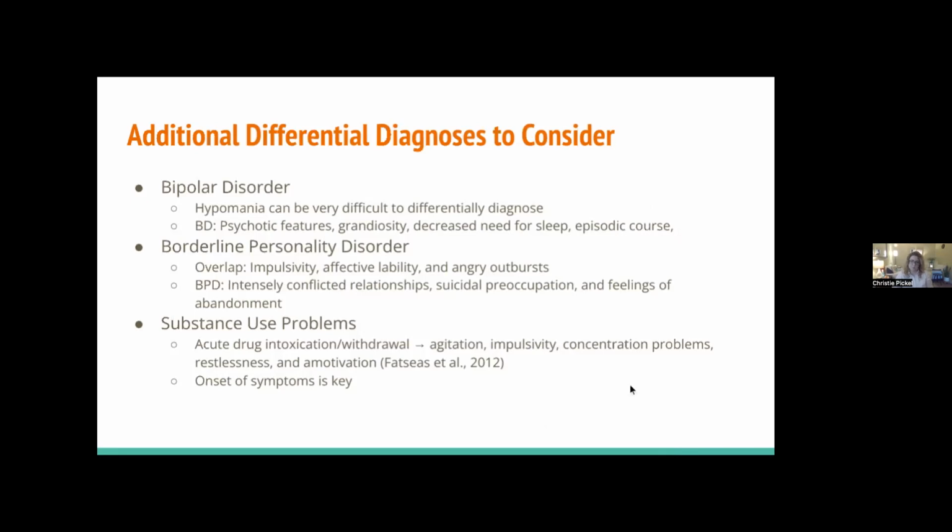I mean, that's good practice in general when we have somebody presenting with mood problems, but the presence of any of these specific features are pretty big keys that it's bipolar disorder. There may or may not also be comorbid ADHD, but importantly, that decreased need for sleep is a key feature. With adults with ADHD, they might get decreased sleep, but they're still going to feel more tired, right?